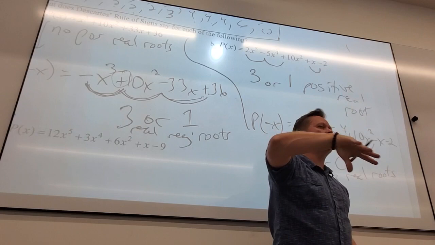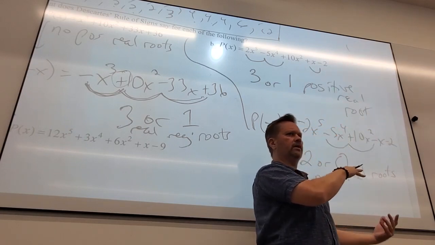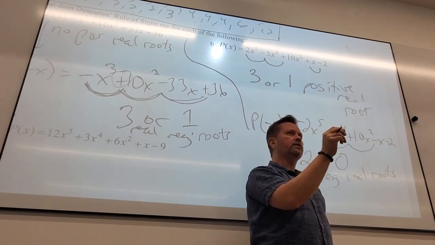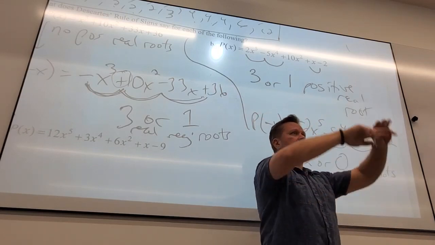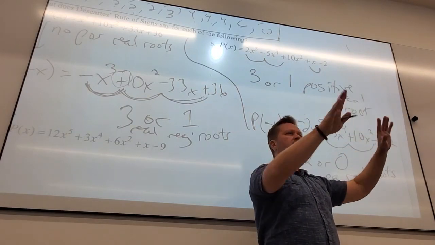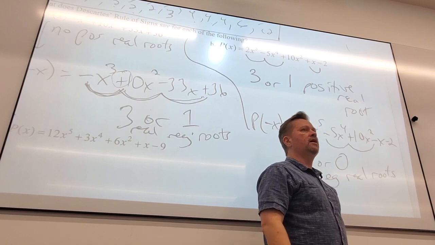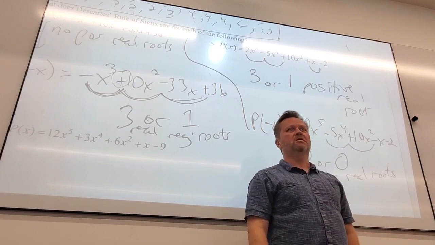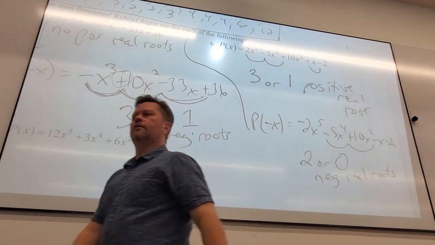And of course, we still have to do some examples, so that makes more sense. But I just want to point out the utility of this. Descartes either helps me out a stupid amount, it could cut my list in half, or it does barely anything for me. That's the reality. So sometimes Descartes' rule of signs doesn't help me. But on those cases when it does, it helps a lot.